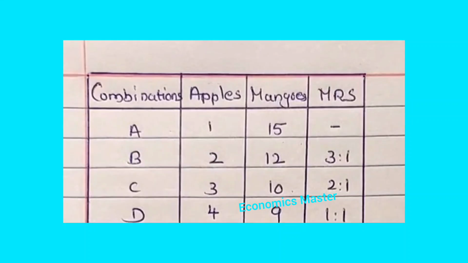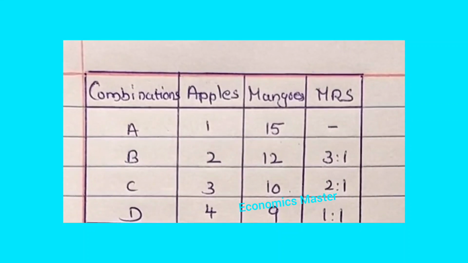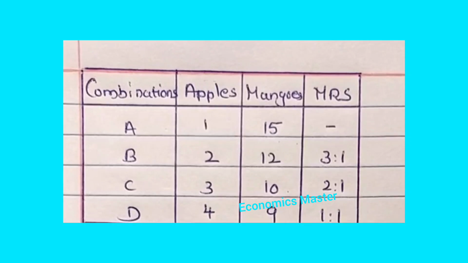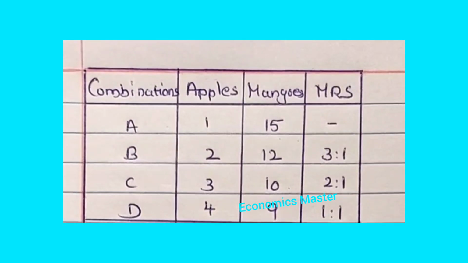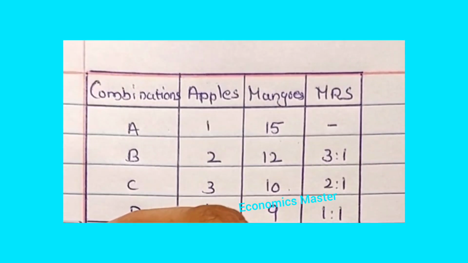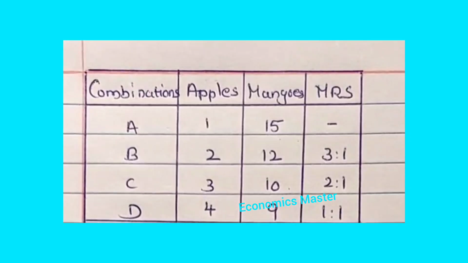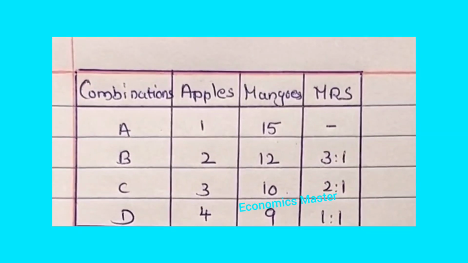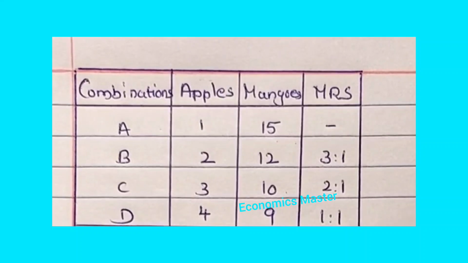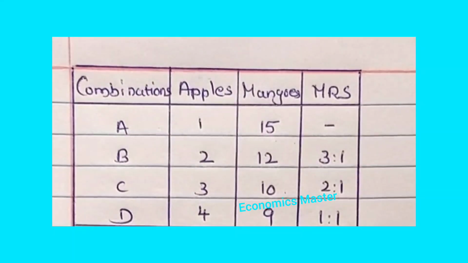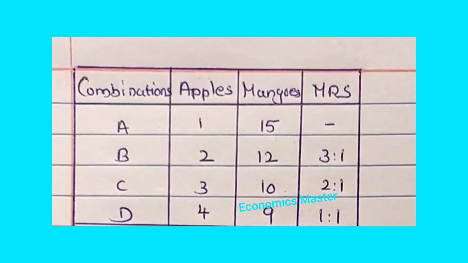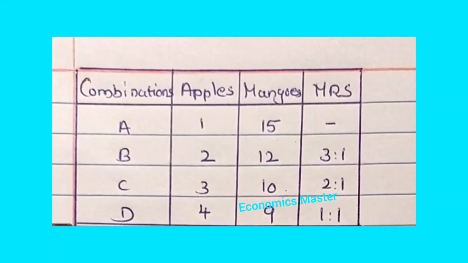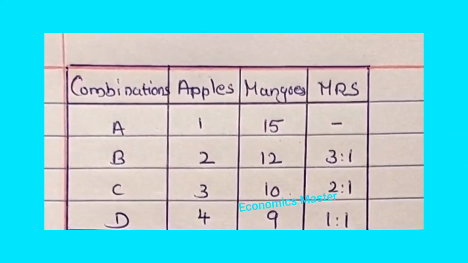This table shows the different combinations of two goods, apple and mango, that are preferred by the consumer. First combination is A. He prefers 1 apple and 15 mangoes. Second combination B. He prefers 2 apples and 12 mangoes.